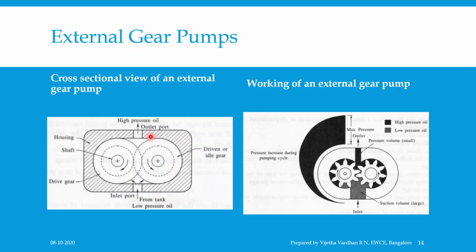Now the figure shows the working principle of a gear pump. The pumping action takes place very rapidly, and the speed of the gear pump may be as high as 2700 rpm, although the speeds usually range from 750 rpm to 1750 rpm.